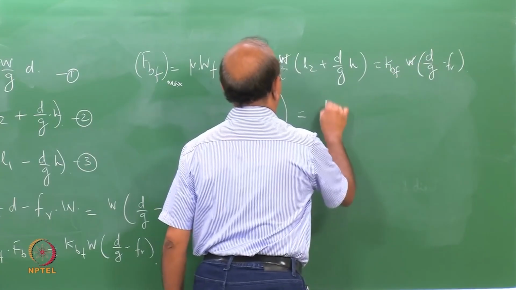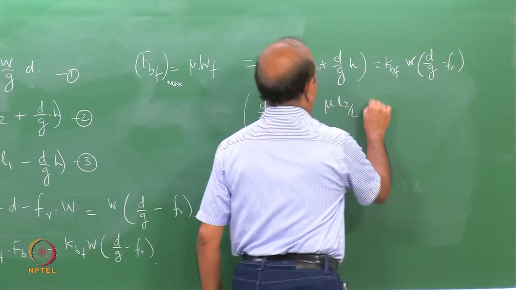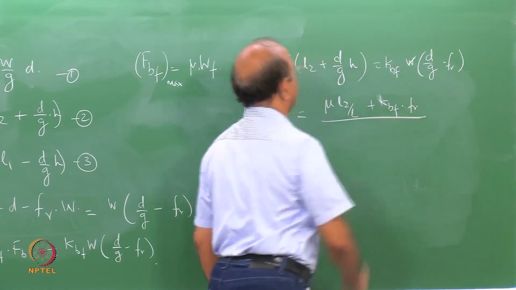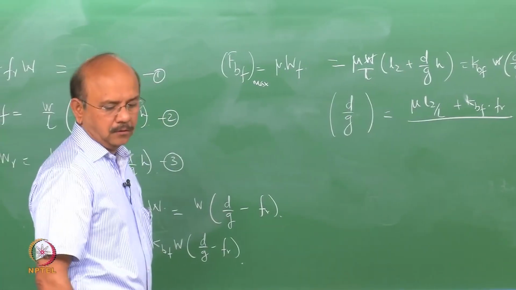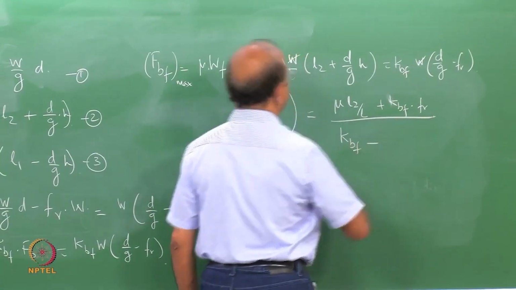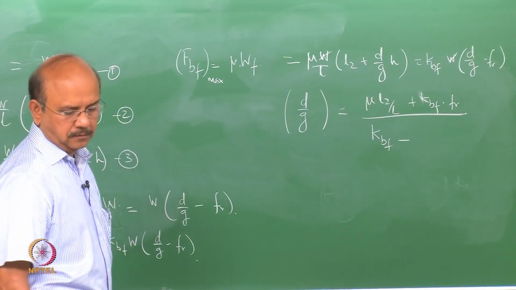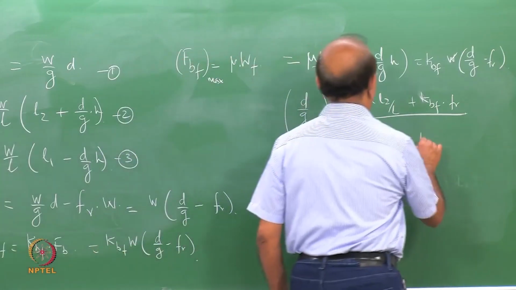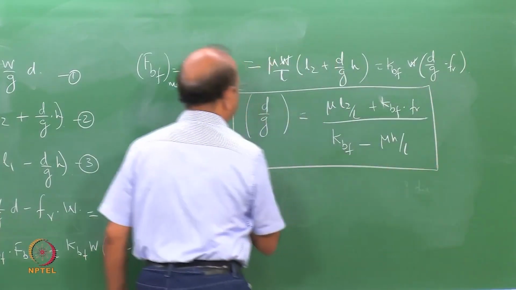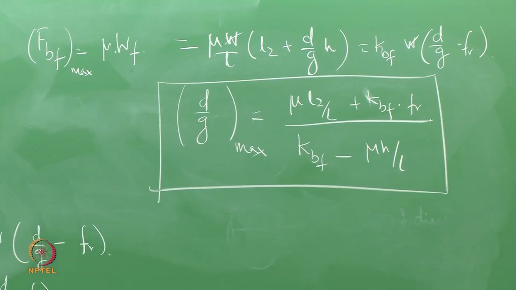Remove that W: mu L2 by L plus KBF into FR, divided by, go to the other side, KBF that remains, minus mu, this H is there, H by L. So that is the maximum. Maximum means what? When it locks.